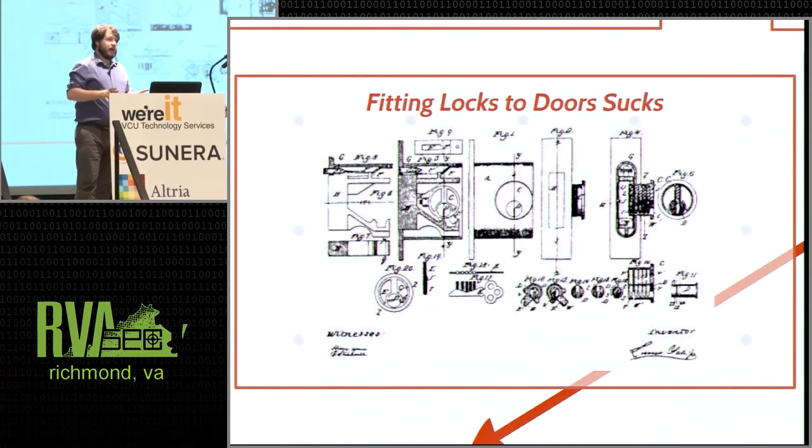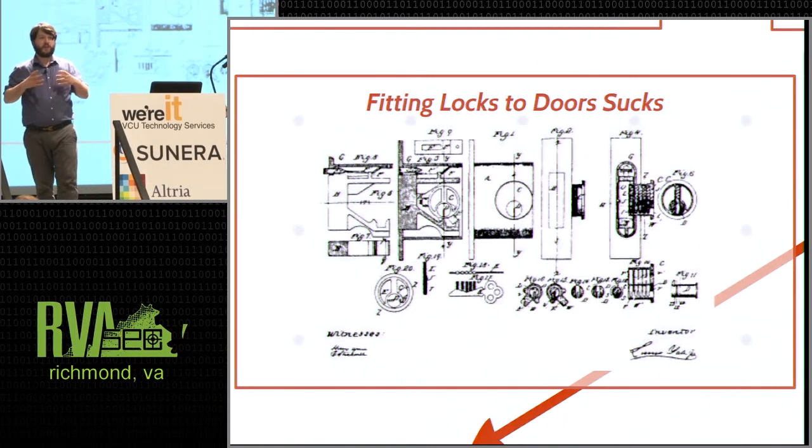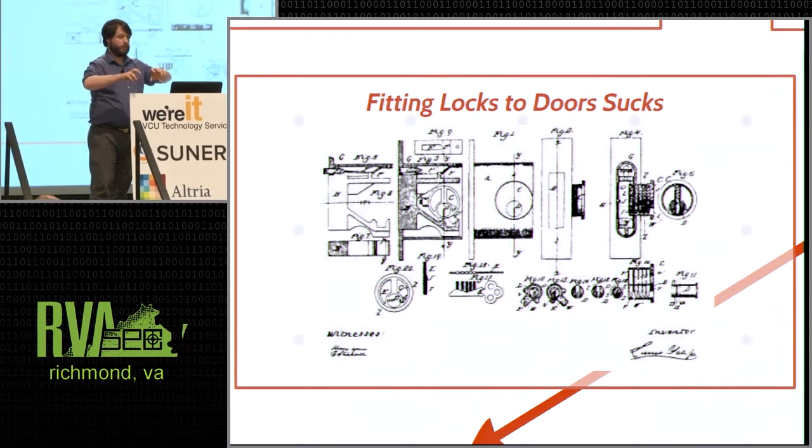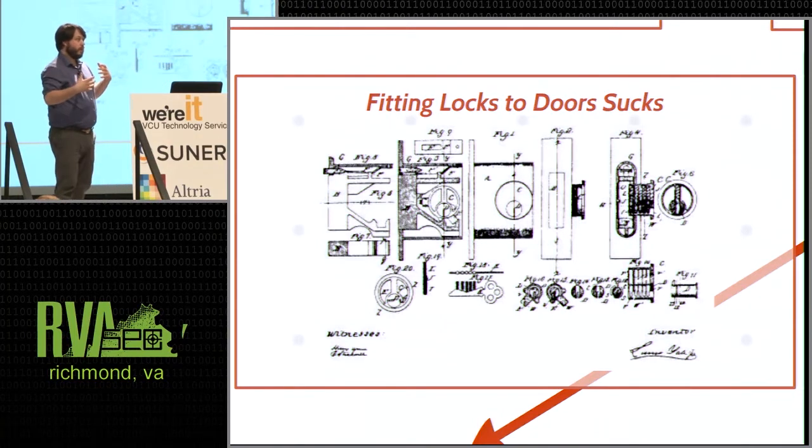What Jr. realized, more than anything, was that the long history of building a lock and then fitting that lock to a door, that the lock had to somehow conform to the specific purpose, was awful.